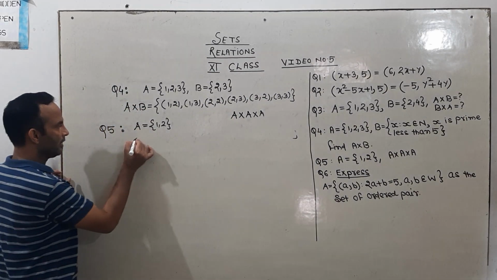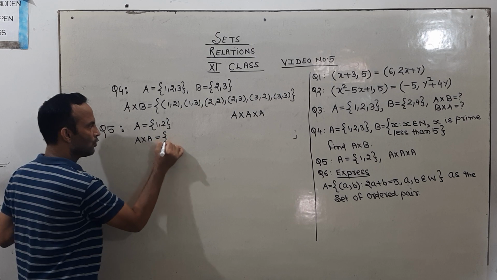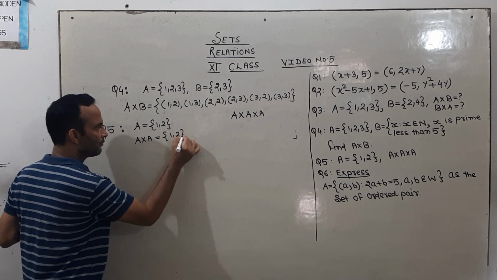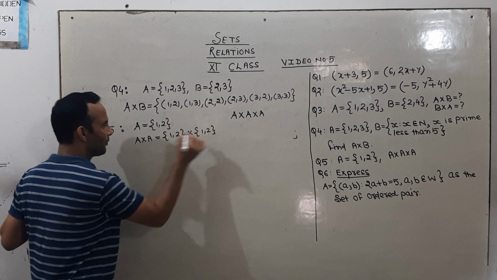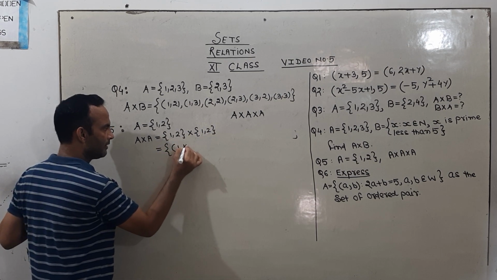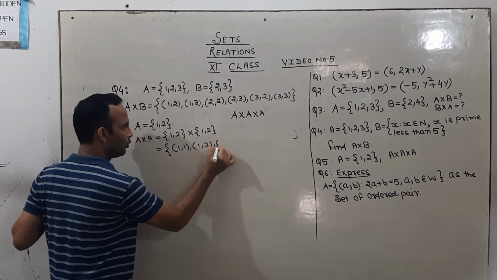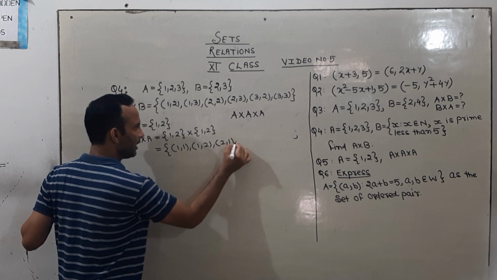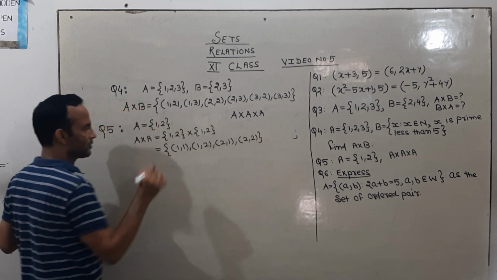So see, A cross A means {1, 2} cross {1, 2}. We obtain 1, 1; 1, 2; 2, 1; and 2, 2. This is A cross A.